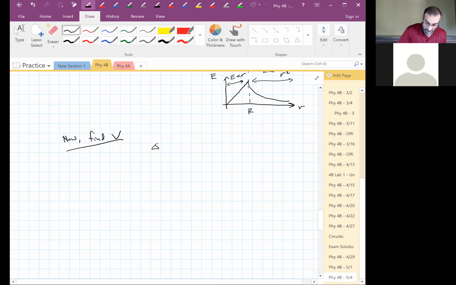We're going to use this equation, delta V equals minus the integral of E dot ds.